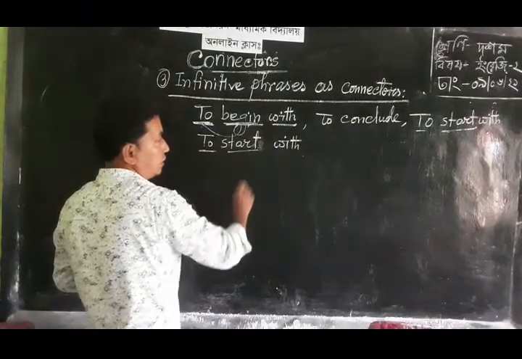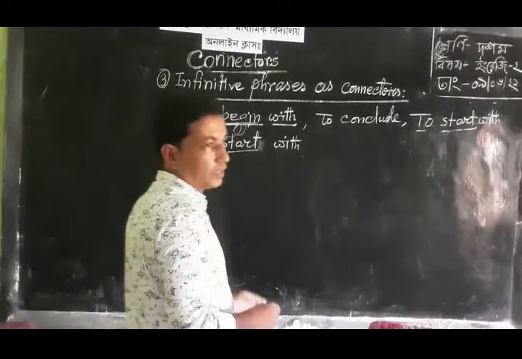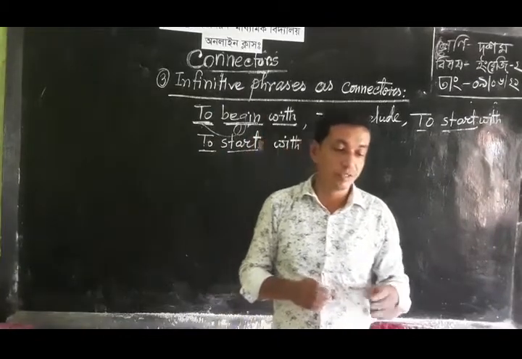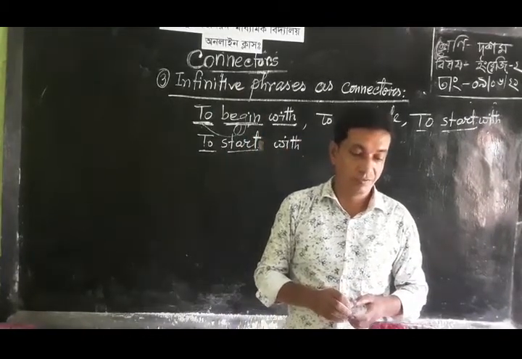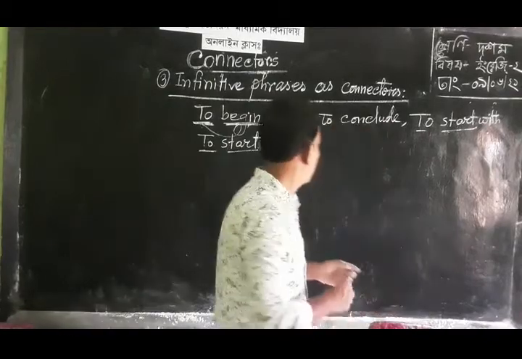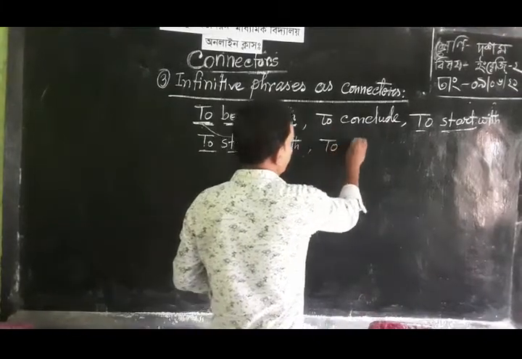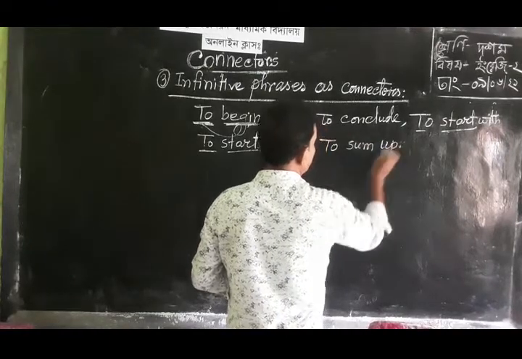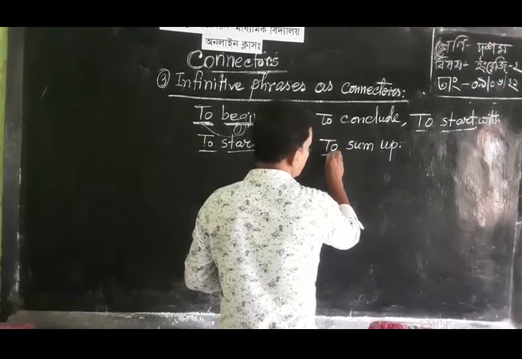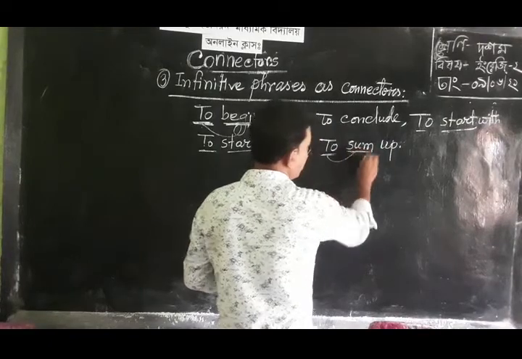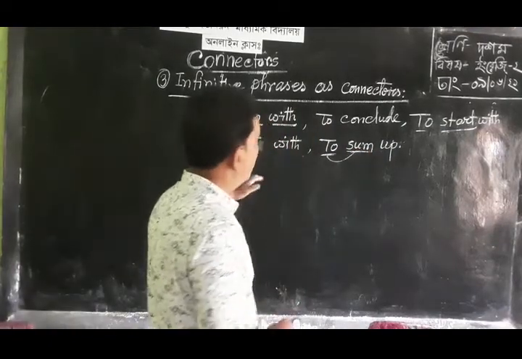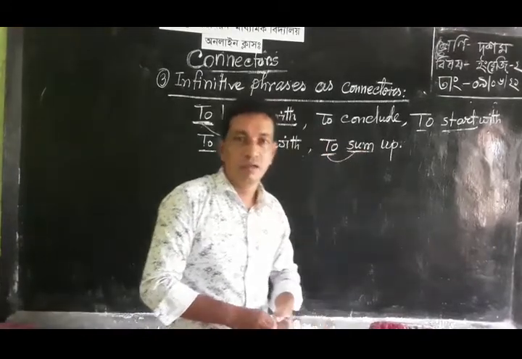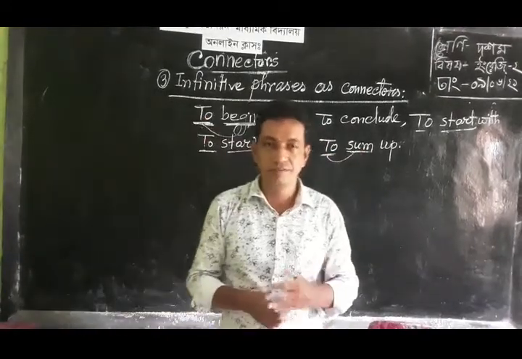It is used as an infinitive, so it is called an infinitive phrase. So to sum up is also a phrase because it starts with the preposition to before the verb sum. So there are many phrases in English grammar of infinitive phrase.